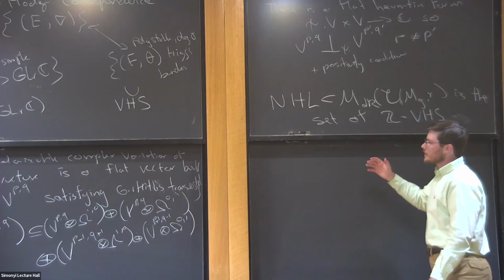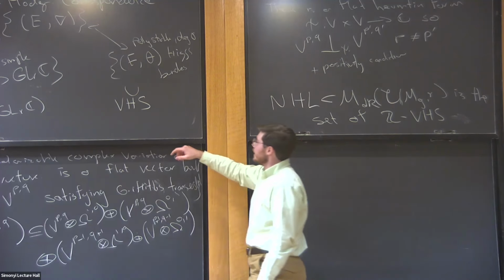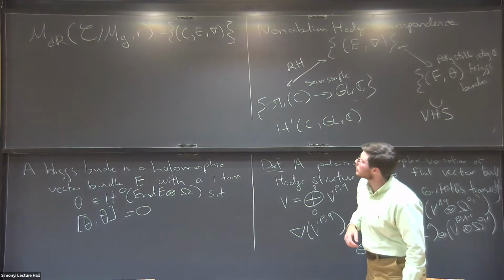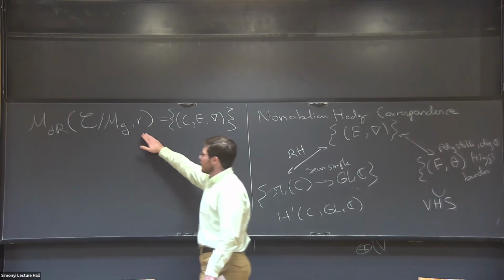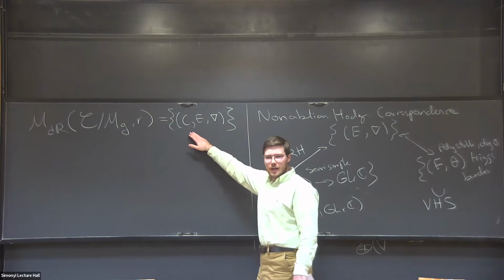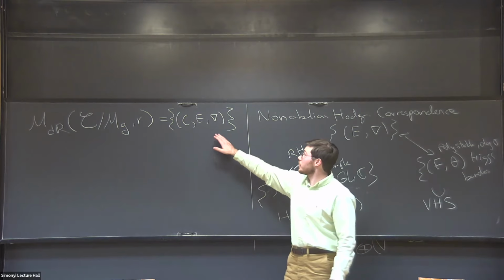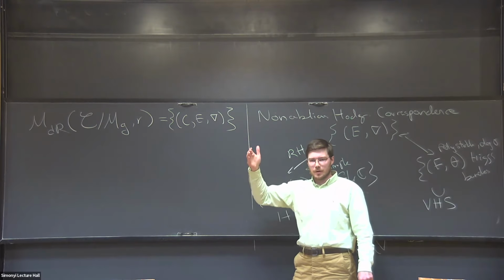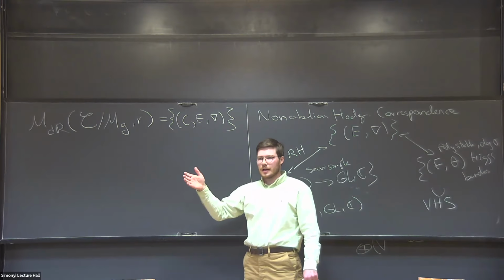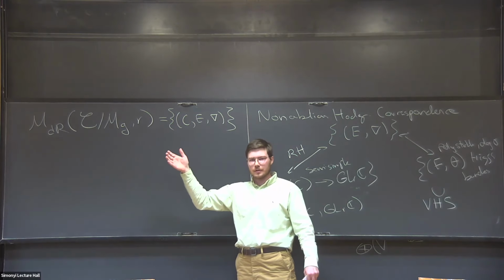So if I want to look at the geometry of this locus, well, inside of this relative moduli space, there are directions I can move that are going to deform the curve, and there's directions I can move in that are going to deform the corresponding flat vector bundle. And if I deform that vector bundle or the representation, I'm going to leave that Hodge locus because I'm no longer going to be integer valued.